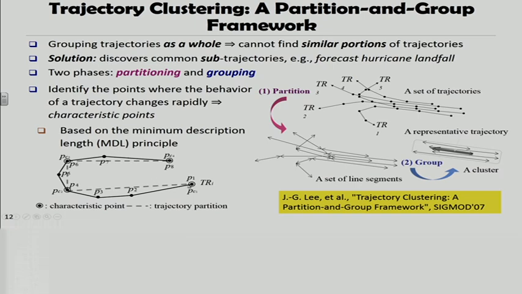That means he tries to use the smallest number of fragments to represent the whole path, because the smaller your description length, the smaller the number of bytes needed to represent this hurricane path will be. For example, you see this path. Of course, you can use every point to represent it, or use very tiny fragments, but your representation cost is too high.